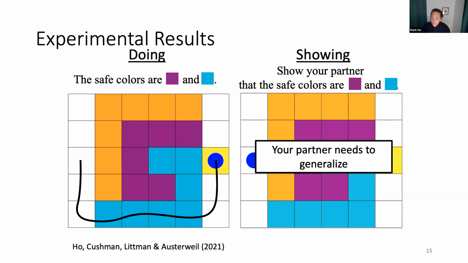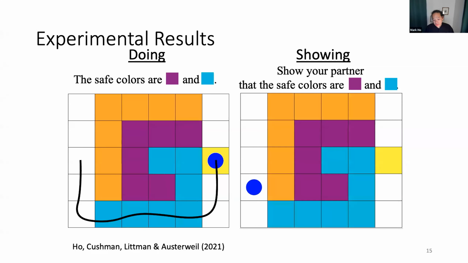In the showing condition, we also told people the reward function, in this case, that purple and blue were the safe colors. But we also told them that we were going to show their behavior to another participant, their partner, who would need to do another task that involved these colors, but not necessarily in this configuration.